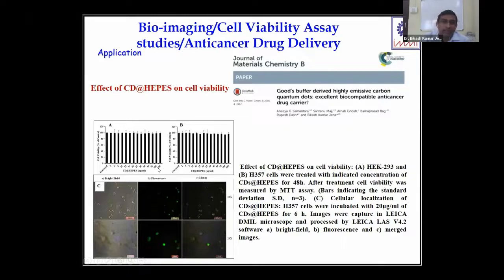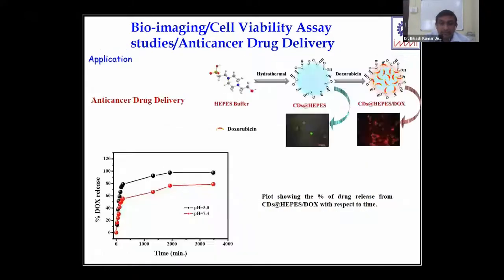It was observed that it passed the cell viability assay and is not killing these healthy cells. He also looked at bioimaging. When you put the nanoparticle into the cell, you can detect it through the confocal microscope, where the nanoparticles have accumulated in the cell, and they were able to see the color.